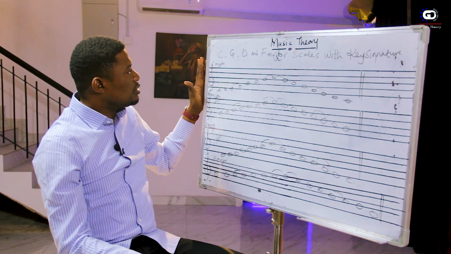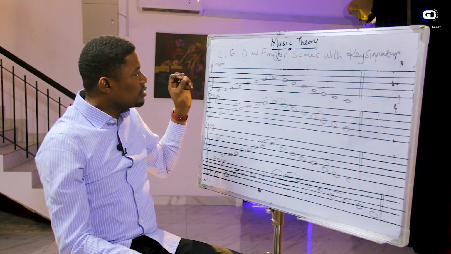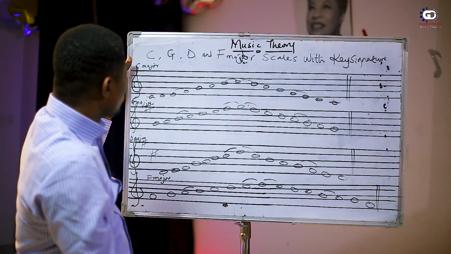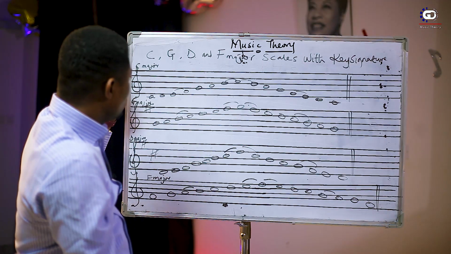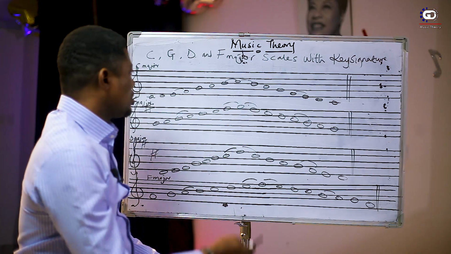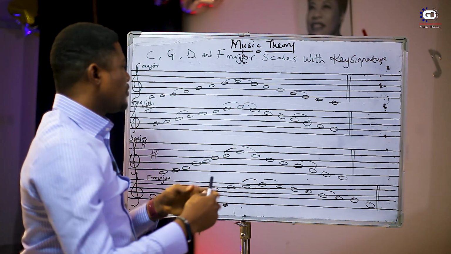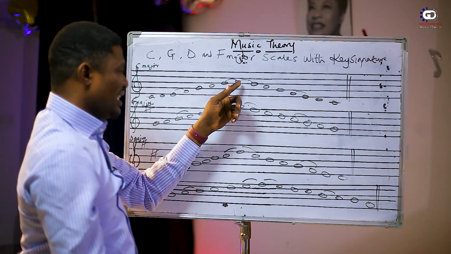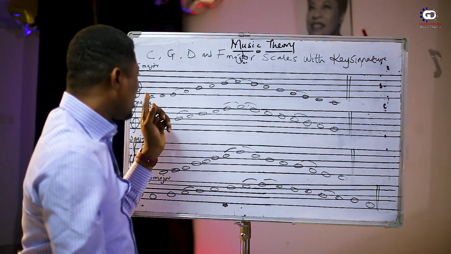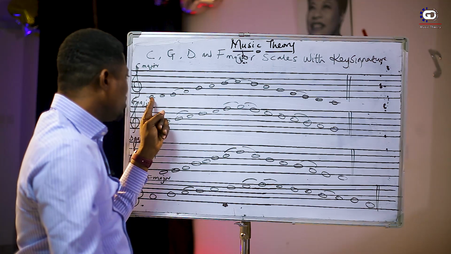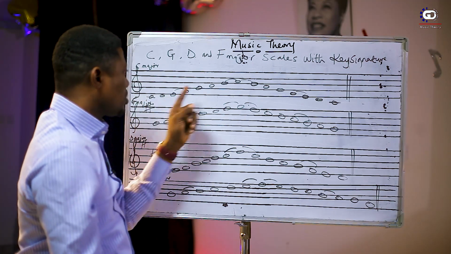Now, we want to look at what major scales are. Firstly, let's see the C major scale. A scale is just a succession of notes from a particular note to its next. So the scale must start from the particular mentioned note to its next.